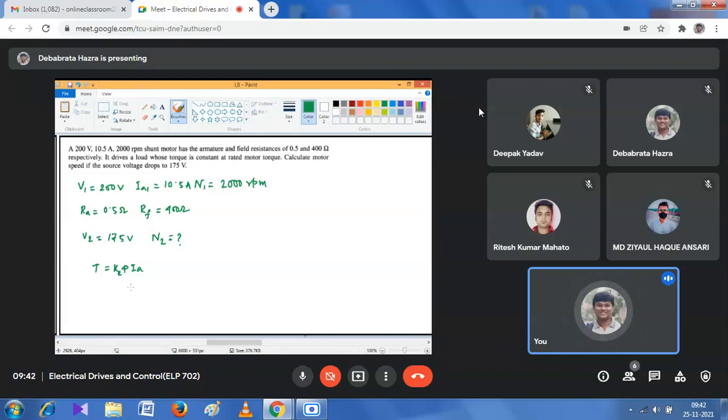So from this equation, and since the torque is constant, we can write phi1 into Ia1 is equal to phi2 into Ia2.